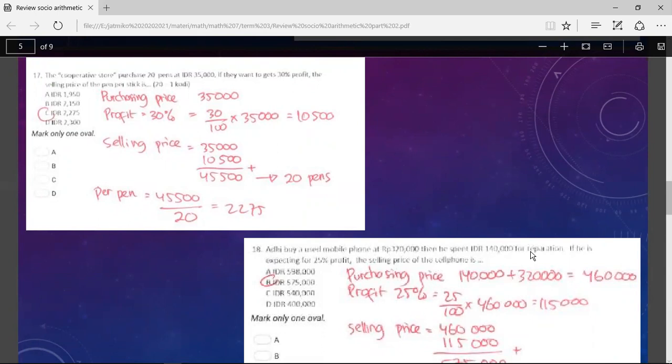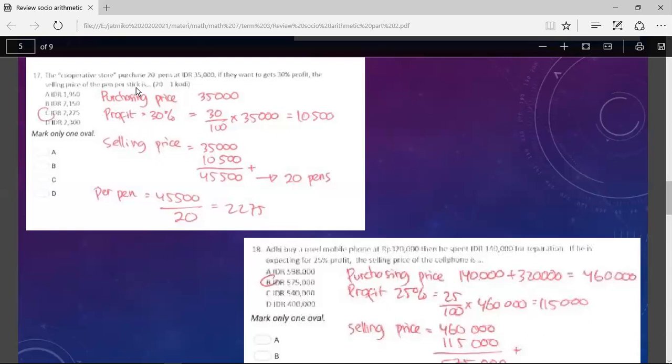And then the selling price is 35,000, the purchasing price, plus the profit. So total is 45,500. Then that is not mentioned in the options because the options ask about the price per stick or per piece.